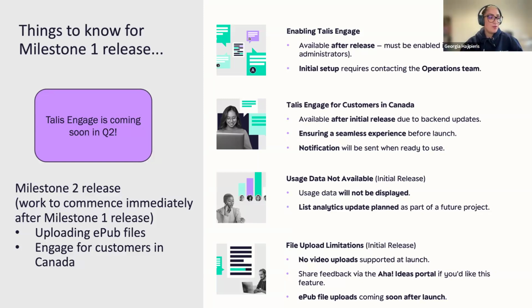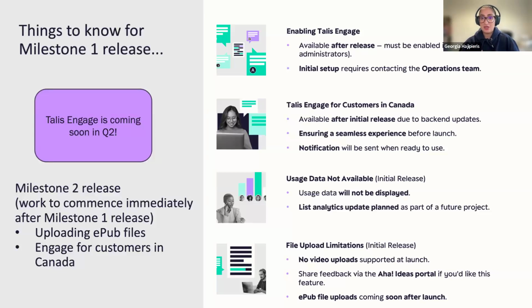So for example, when this is released, Talis Engage will not be enabled immediately. We've done this because we feel that not everybody wants to try something new this big, you know, in April, for example. So you'll have the opportunity to turn this on at the time that suits you.